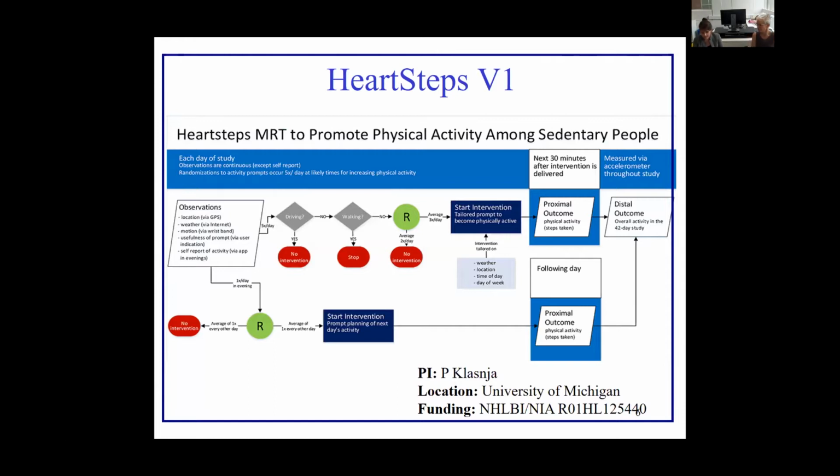Okay. Next question. You talked about randomization probabilities and whether or not they're constant. In what cases would you want MRT randomization probabilities to change according to time-varying information on each participant? So as I mentioned, in HeartSteps V2, we are going to have the randomization probabilities be an output of an algorithm.